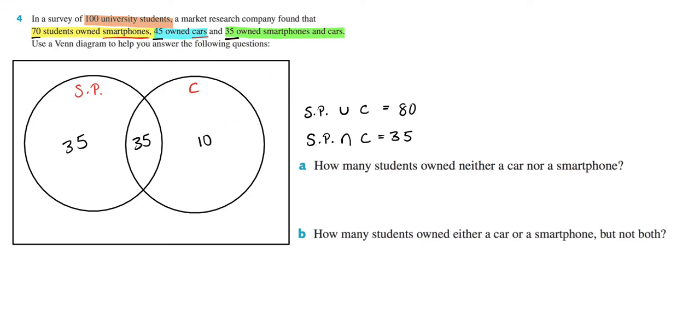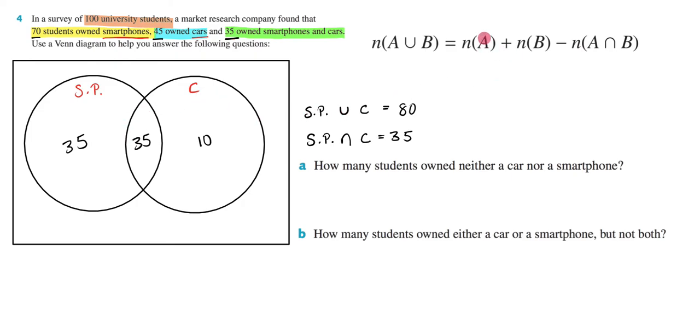And this is a big deal in this 9D chapter, because we learned something called the addition rule, which, as you can see, is here, which tells us that the number in the union of A and B will be A plus B minus the intersection. So let's see if we can use this rule to figure out the union of smartphones and cars.